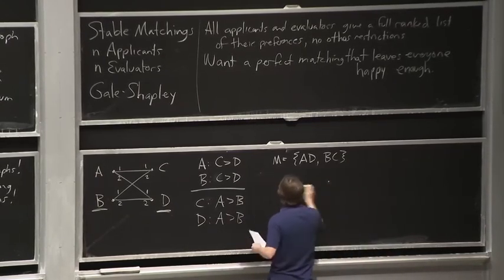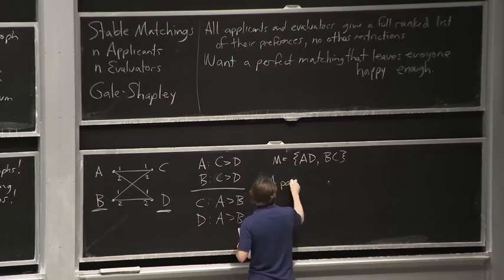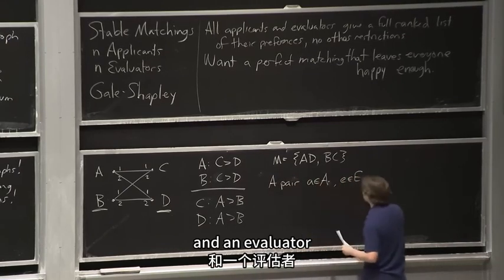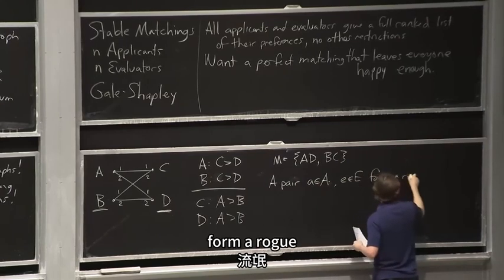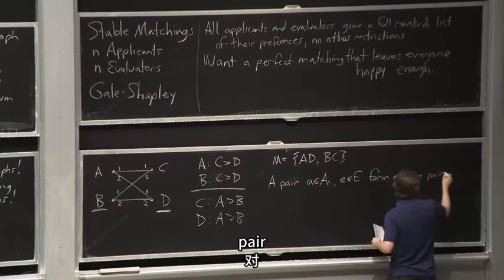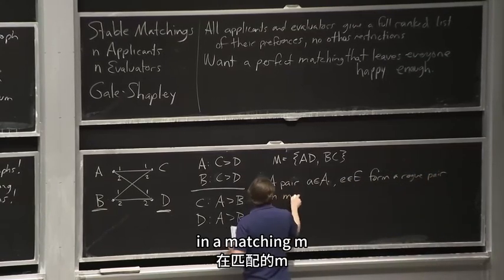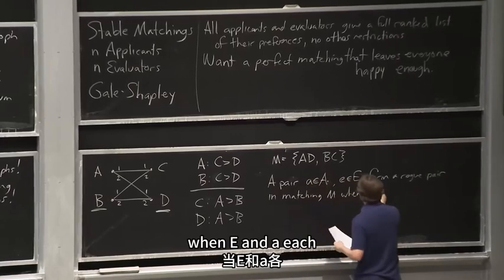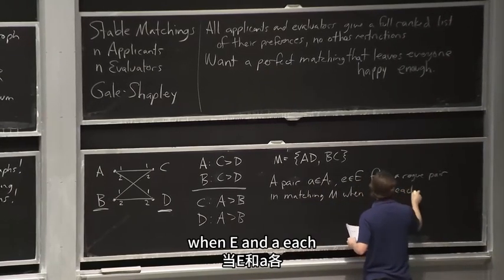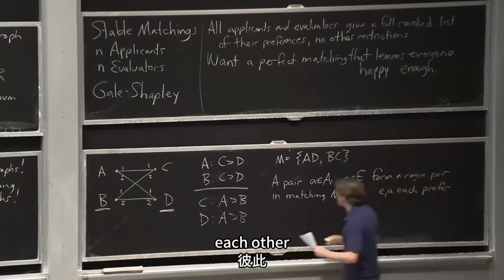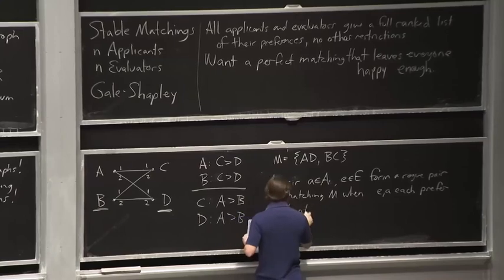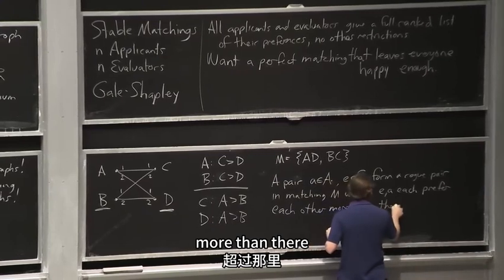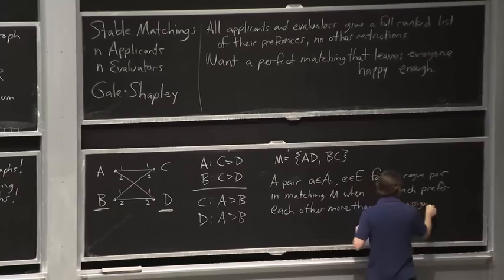So we're going to say a pair, an applicant and an evaluator, form a rogue pair in a matching M when E and A each prefer each other more than their assigned partner.